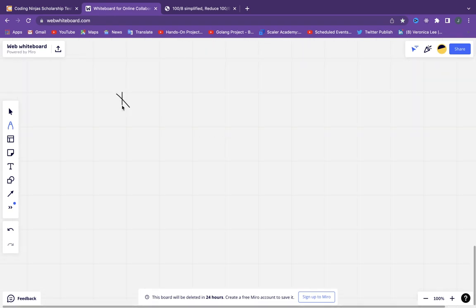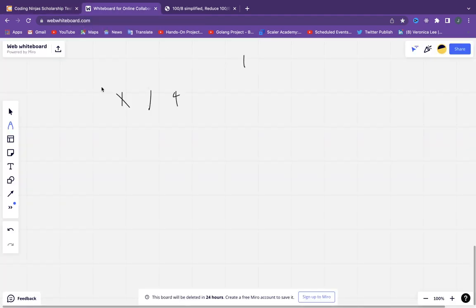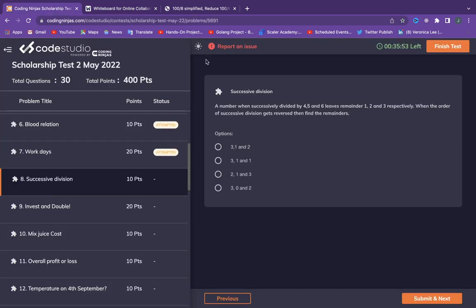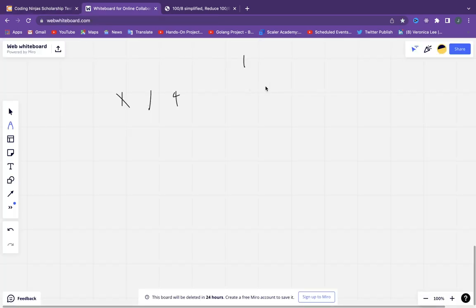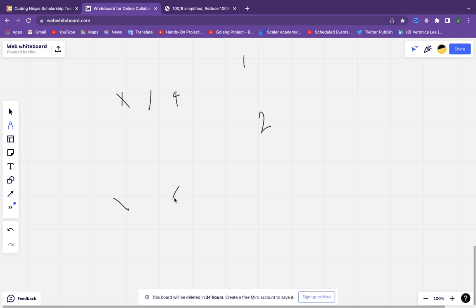So let's say x when divided by 4 leaves a remainder of 1, and then we divide by 5, it leaves a remainder of 2. So we have to find the number. We can assume that the number is 4 into something, C, plus 1, right?